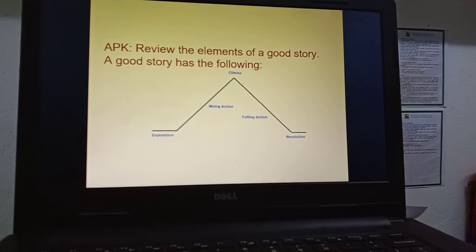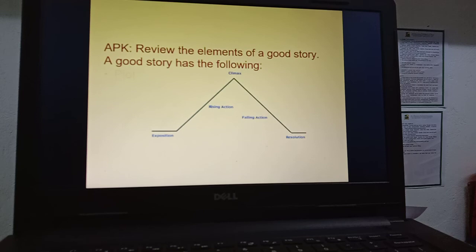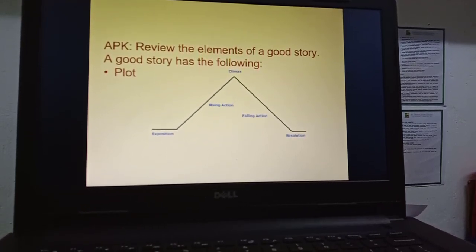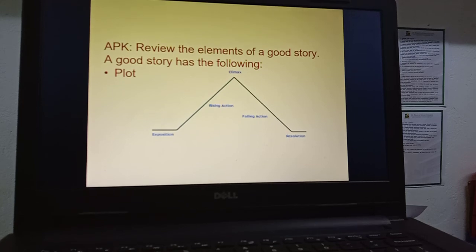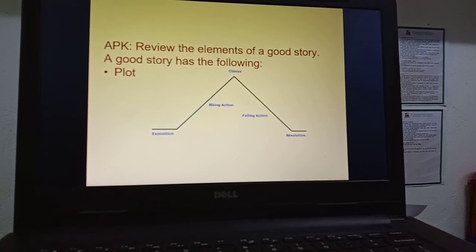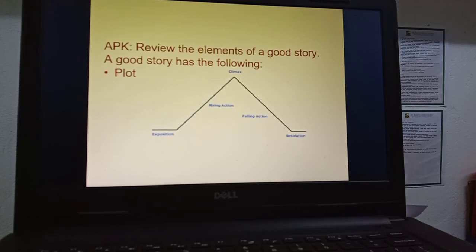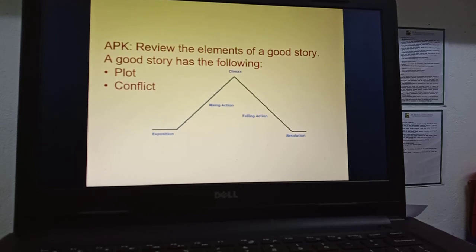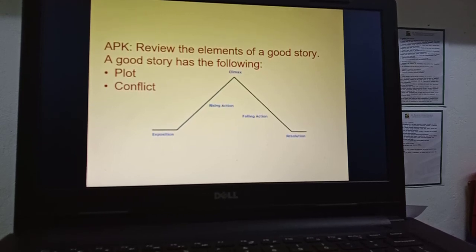In a typical Filipino plot, a good story has the following. 1 is the plot. This is the events that make up a story. These events relate to each other in a pattern or a sequence. It has also conflict. This is the struggle between two opposing forces.